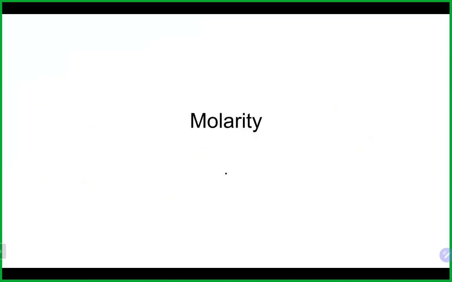Let's talk about the main concentration unit, the one that's used the most with solutions. And we touched a little bit upon it the other day when we were talking about equivalents. This is molarity, and molarity is abbreviated with a capital M. That stands for moles of solute per liter of solution.